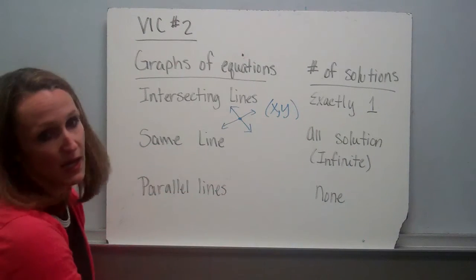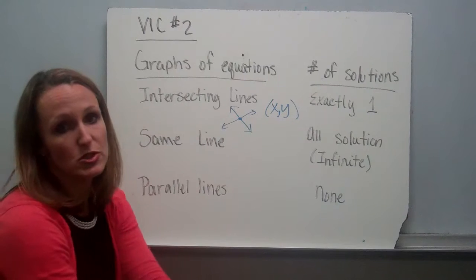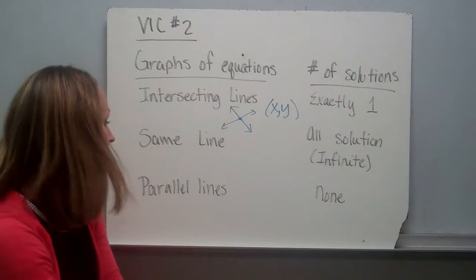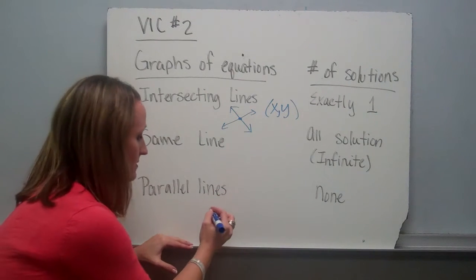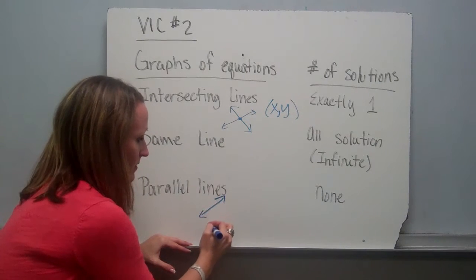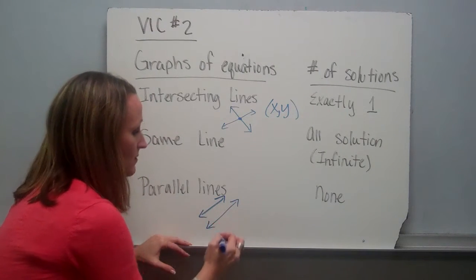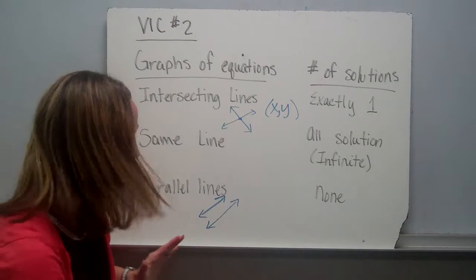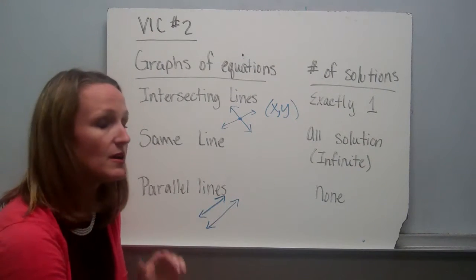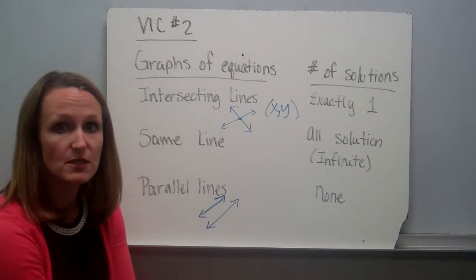If it is the same line, then you're going to get all solutions, or infinitely many solutions. If they are parallel lines, there's going to be no solutions because they're never going to cross. They're going to just keep running concurrently. And that is how you solve systems of equations by graphing.